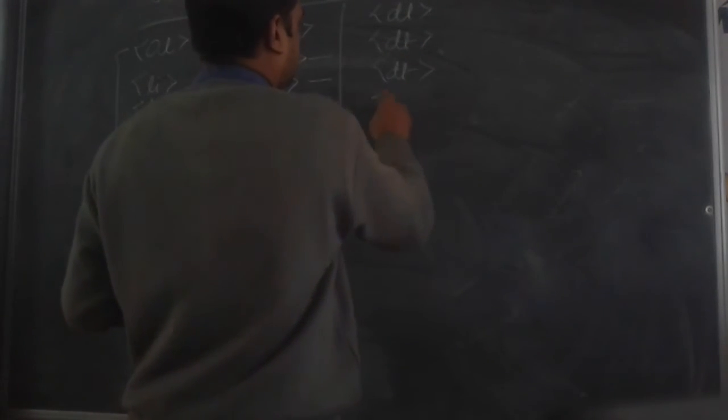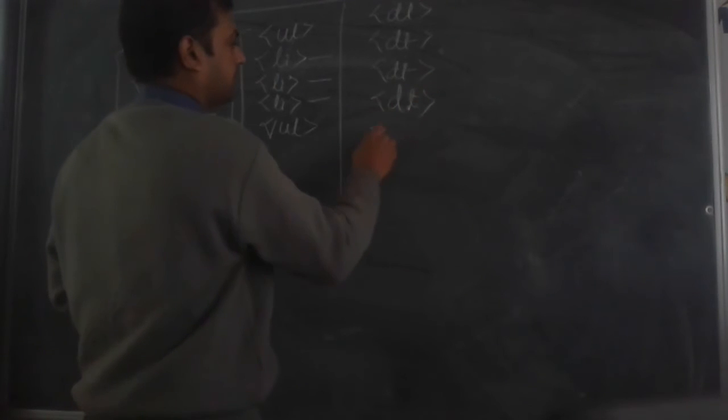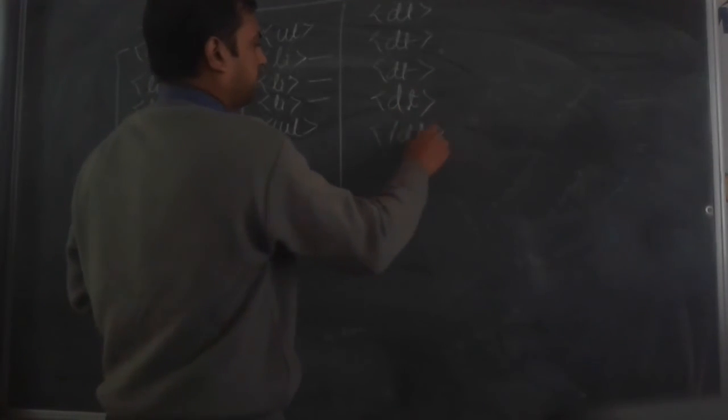Now second one is UL, LI, and closing UL. This is the format of unordered list. Here some values you will get. Like the same, definition list is there and its format is DL, DT, and closing DL.